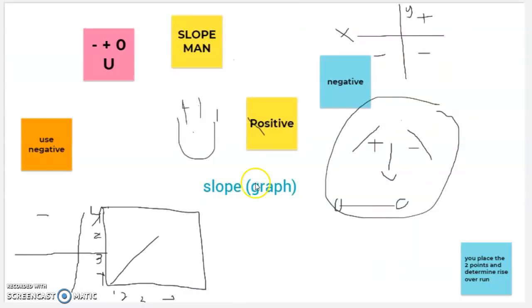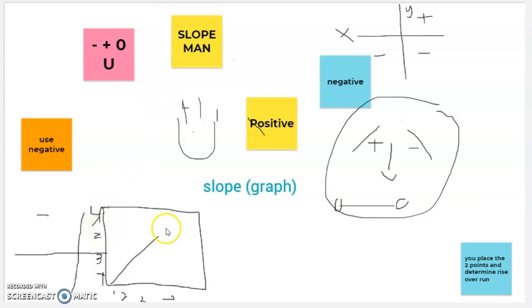Slope on a graph. We can use SlopeMan to tell us whether it's positive or negative, right? This little picture of the graph down here on the left, the negative is on the left-hand side. So if your line is facing that direction, then that means you have a negative slope. And vice versa. If it's facing to the plus sign, then that means your slope is positive.